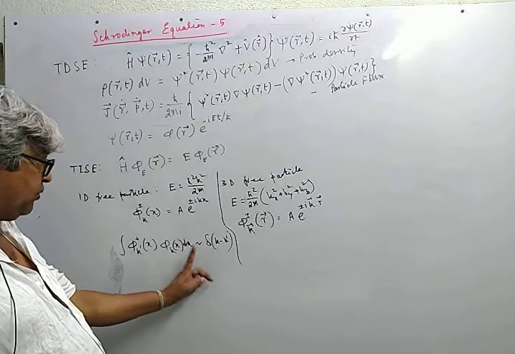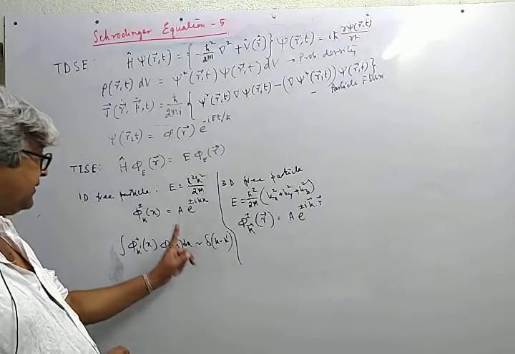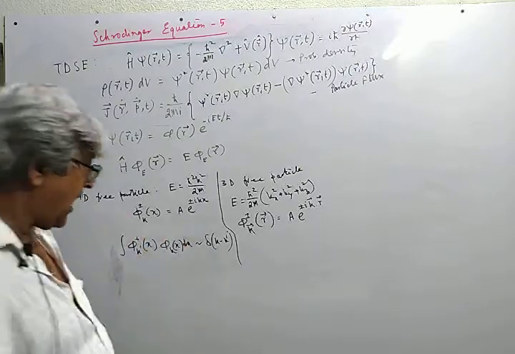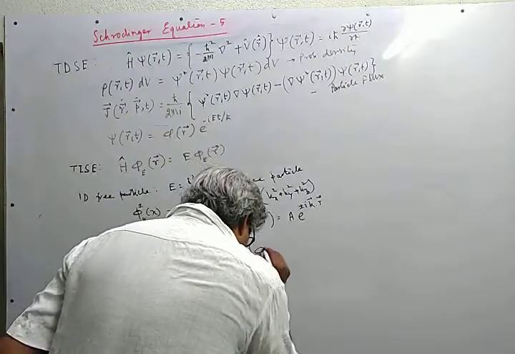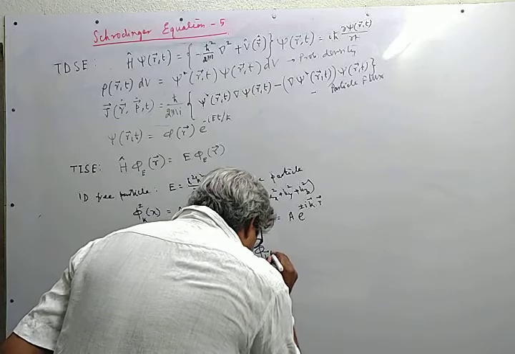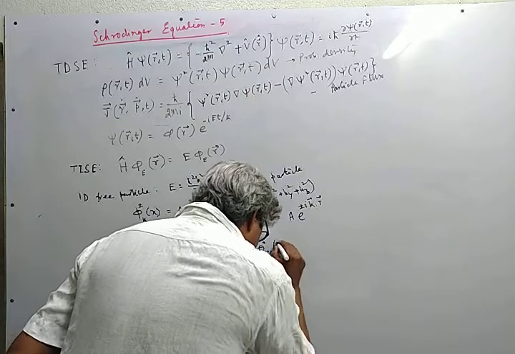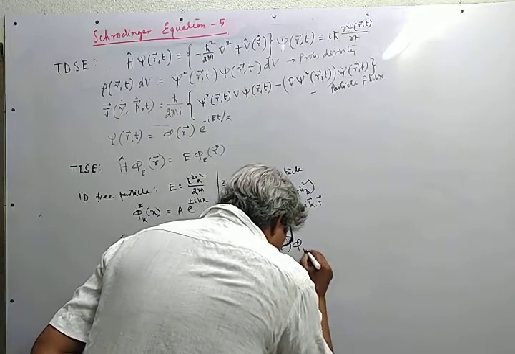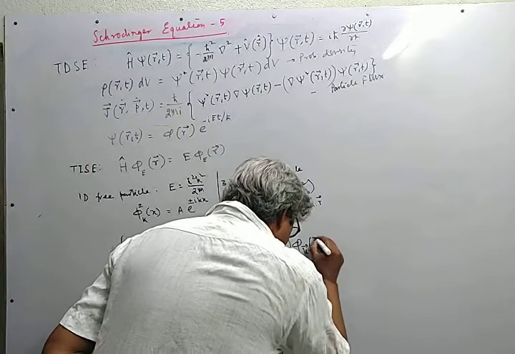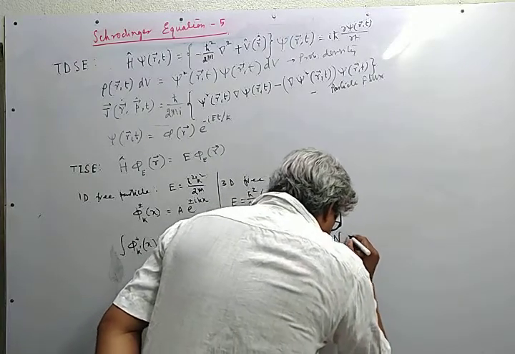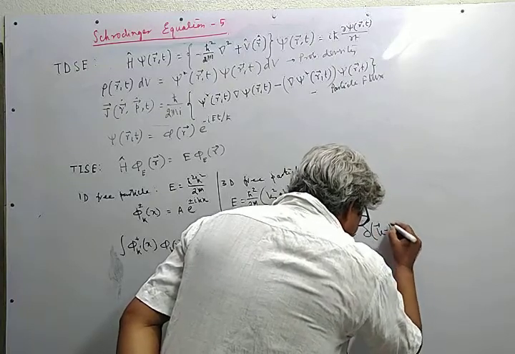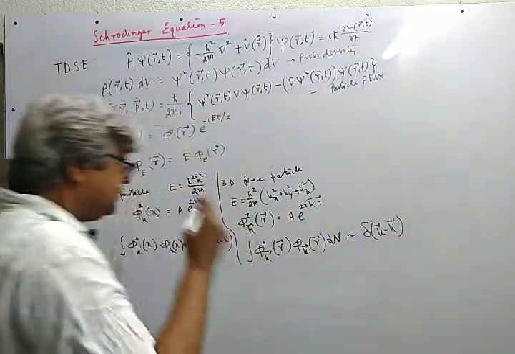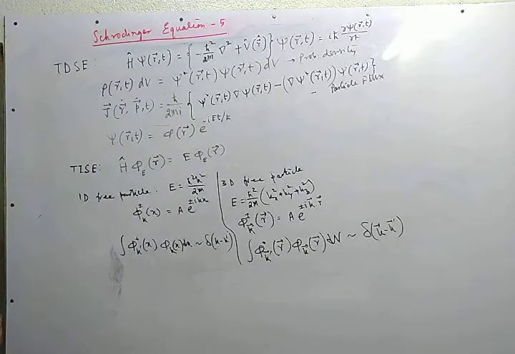If you want to put an equal sign, then it will be normalized, and for the 3D case the normalization condition would be the integral over V, where this is a three-dimensional delta function. This much is about the continuous energy spectrum.